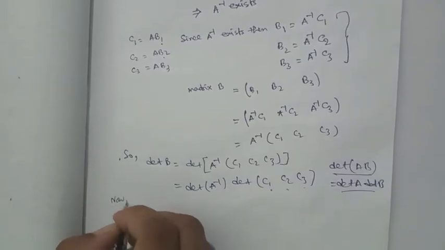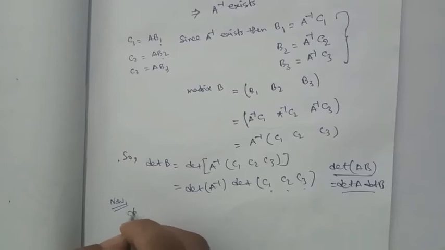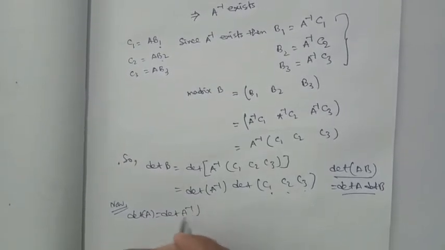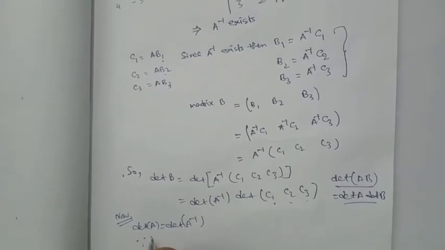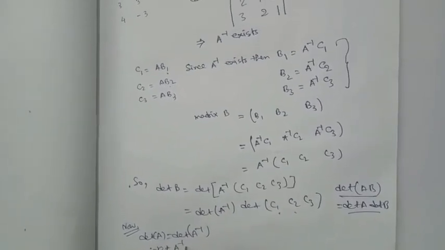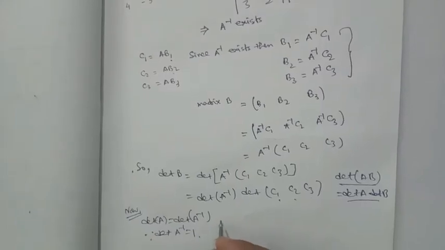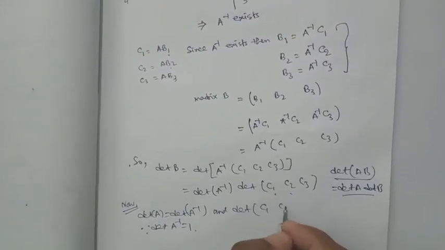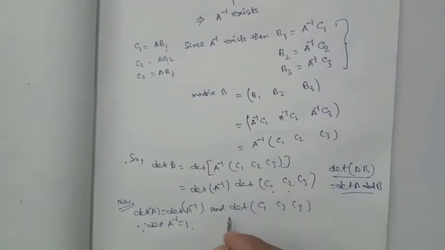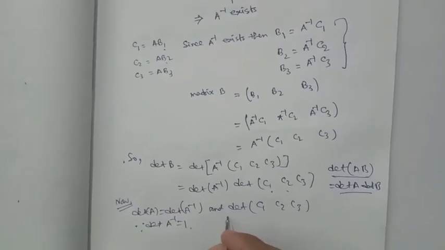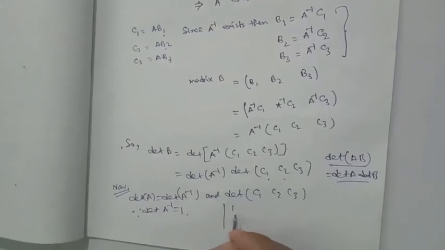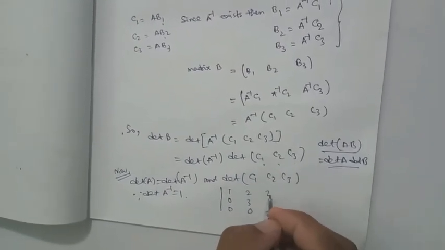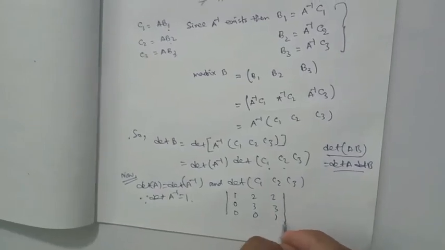Now we know that determinant A inverse is the reciprocal of determinant A, so obviously determinant A inverse equals 1. The determinant of C1, C2, C3 we can compute here: 1 0 0, 2 3 0, 2 3 1.